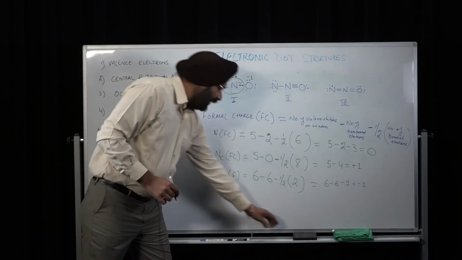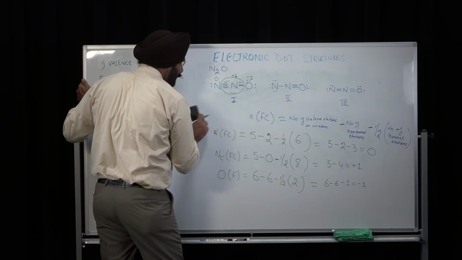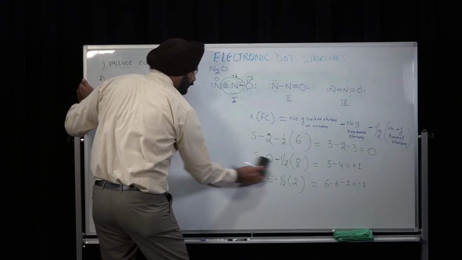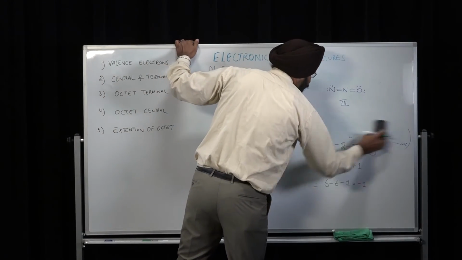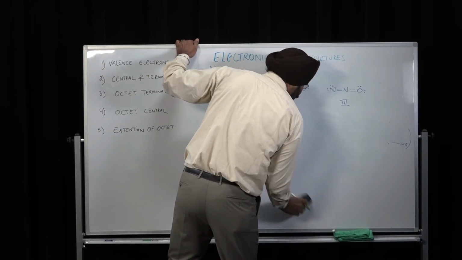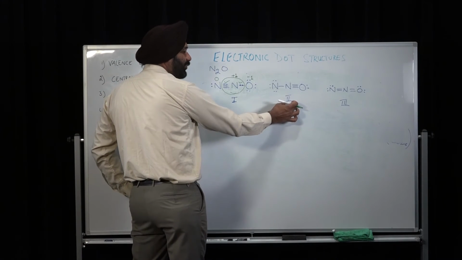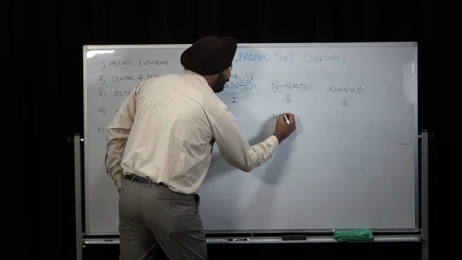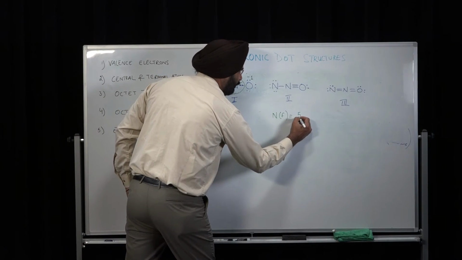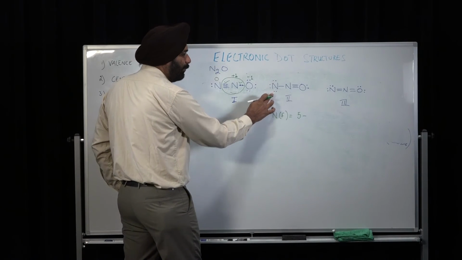Okay? The same thing we are going to do for the other structures, and I will be a little bit quicker here. So what is the formal charge on this nitrogen atom for structure 2? For this nitrogen, the formal charge is 5, the number of valence electrons, minus the number of non-bonding electrons.